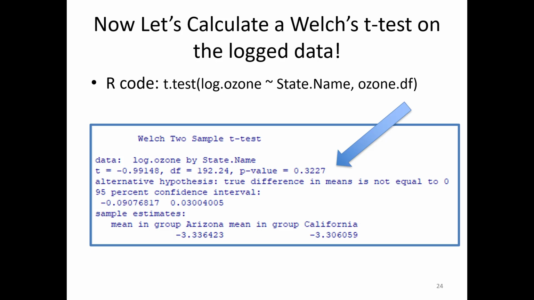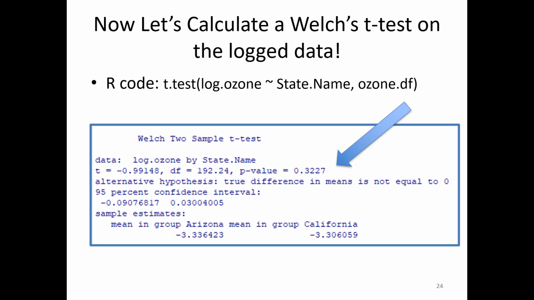So here's our results. I ran the t-test again, the Welch's t-test. T equals negative 0.99148. Again, this is on the logged data. Degrees of freedom shifted a little bit because the standard deviation shifted, and we have a new p-value. If you remember before, our p-value was pretty tiny, and now our p-value is not.